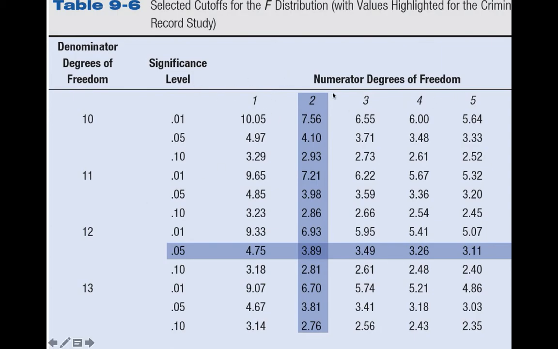And then our columns are the numerator degrees of freedom. The numerator is the top of the ratio, our s squared between, and we had 2 degrees of freedom between. For each, we've got 3 different alpha levels here, 0.01, 0.05, and 0.1. So 12 degrees of freedom, alpha 0.05, 2 degrees of freedom between, we get a critical ratio of 3.89. So that's how to use that table.